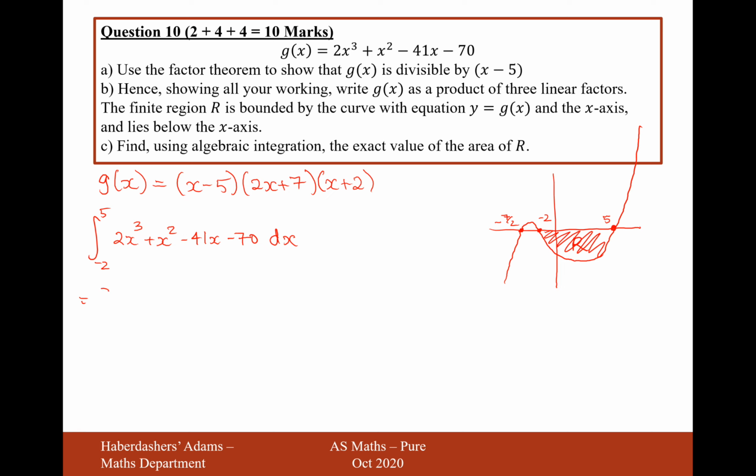So let's do that integration. It's going to be increase the power by 1, divide by the new power, plus increase the power by 1, divide by the new power, minus increase the power by 1, divide by the new power, and with the 70, it's just going to be 70x, between 5 and minus 2.